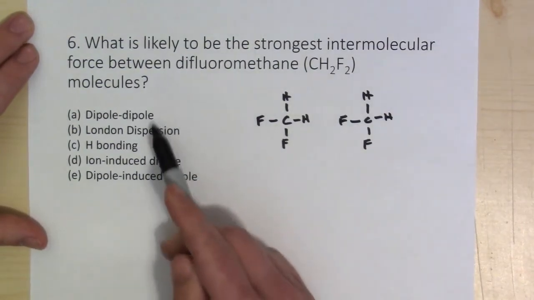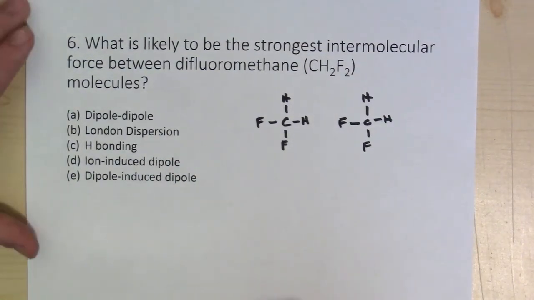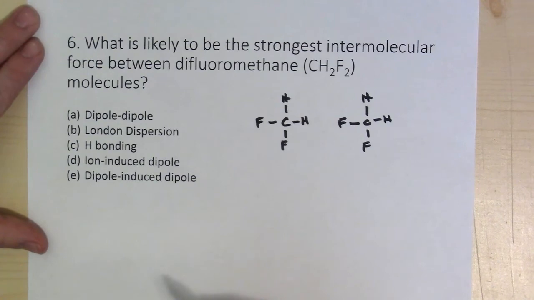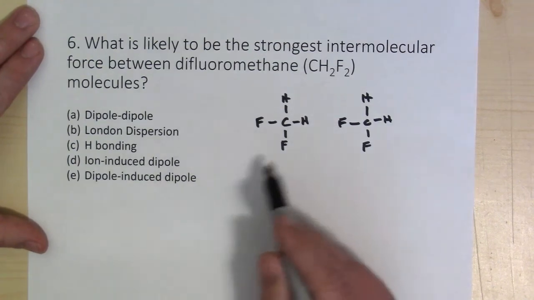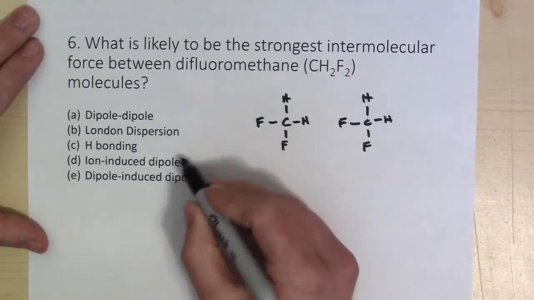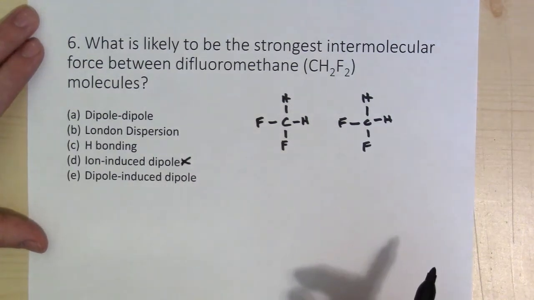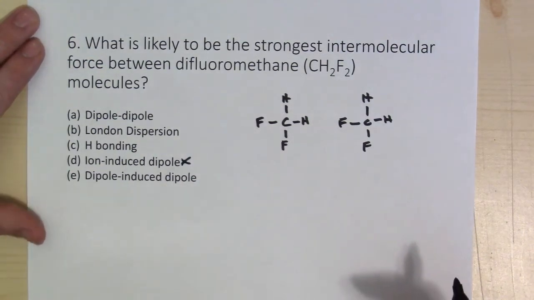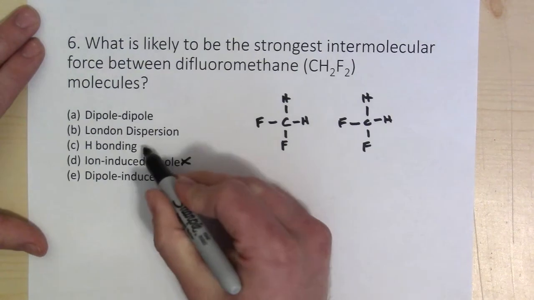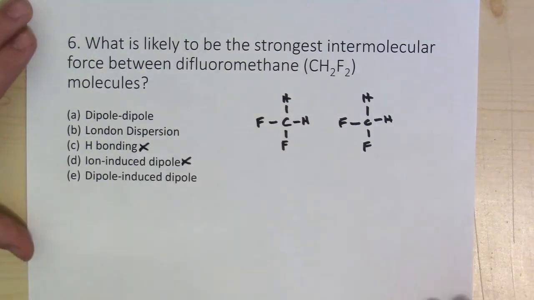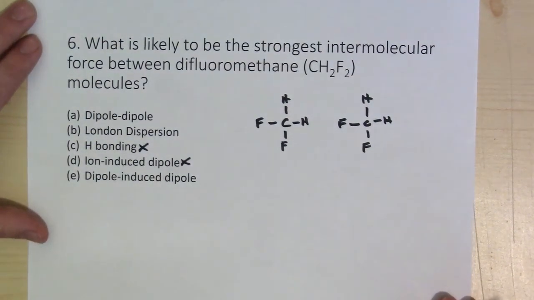Which of these intermolecular forces is going to be the strongest? So there's a few that we can eliminate right off the bat. There's no ions in that molecule, so we can eliminate D. There's also no fluorine-hydrogen bonds, so we can eliminate C as well. There won't be any possibility of hydrogen bonding.